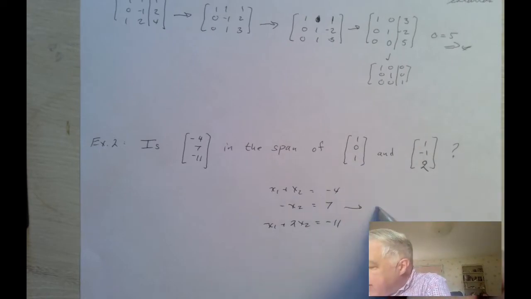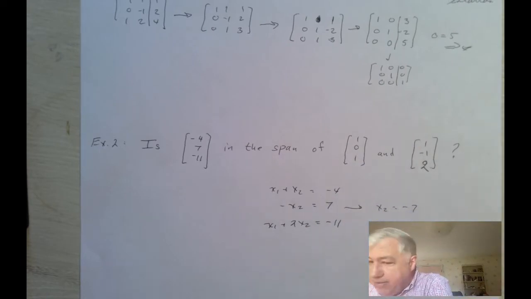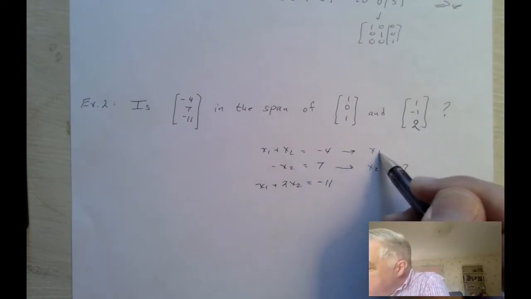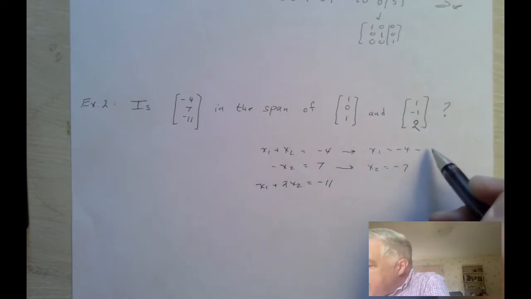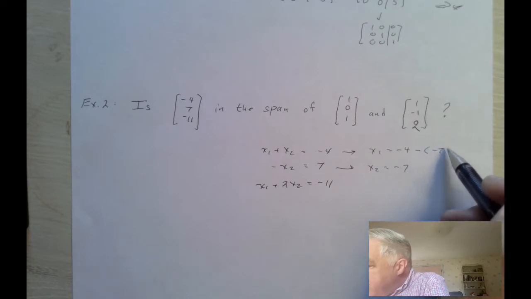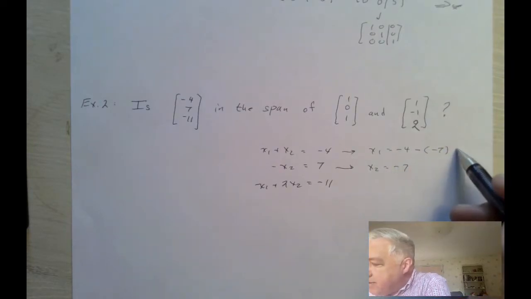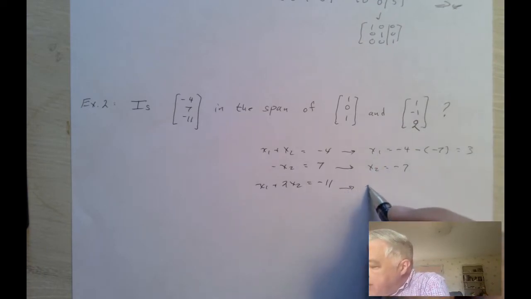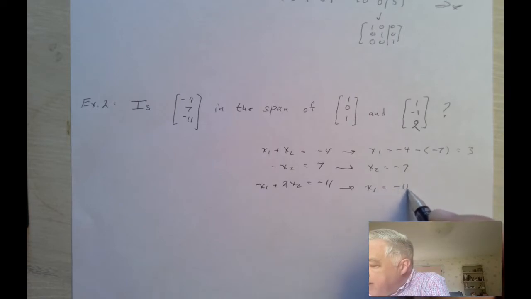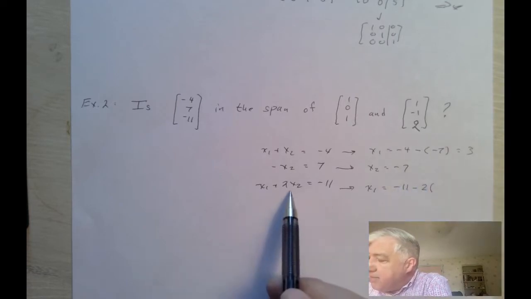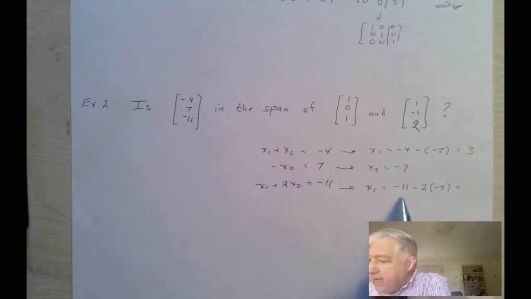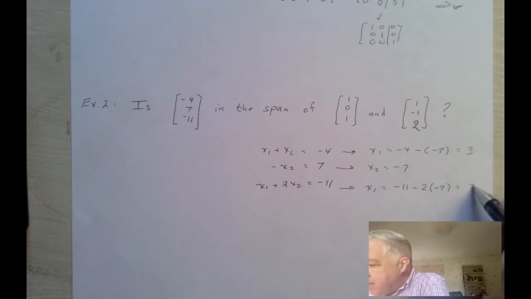If we solve this, we automatically get x2 has to be negative 7, and then x1 is negative 4 minus x2, which is negative 4 plus 7, that's 3. Now we'll check what happens with the other equation: x1 will be negative 11 minus 2 times negative 7, which is negative 11 plus 14, so that's 3.